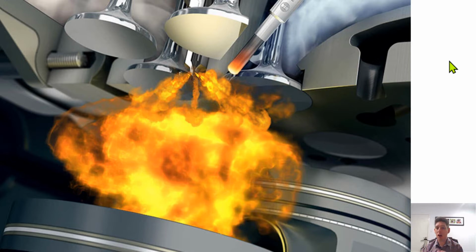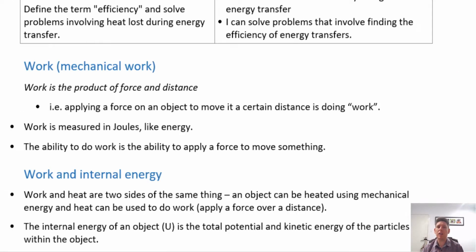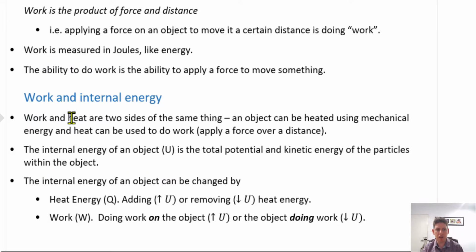The heat applied to the engine is converted to work, converted to mechanical energy. So this is really important and really vital in today's lesson. And I've pretty much summed it up here. Work and heat are two sides of the same thing. An object can be heated using mechanical energy, and heat can be used to do work.